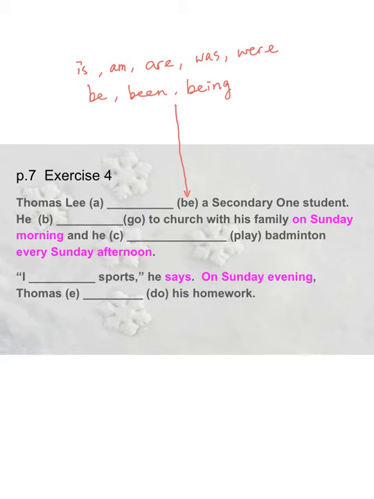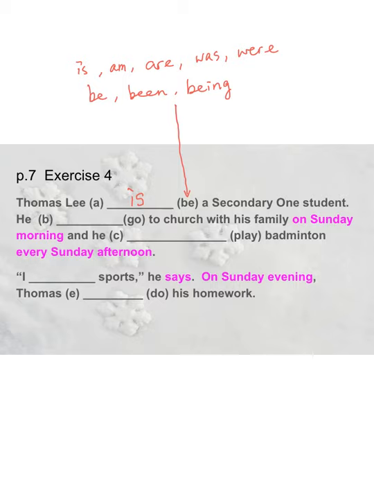So whenever you see be, you have to think about which form should be used. Here, Thomas Lee is one person, a boy, so we will not use am and are. And this is simple present tense, so we will not use was and were. Therefore, the best answer is is.